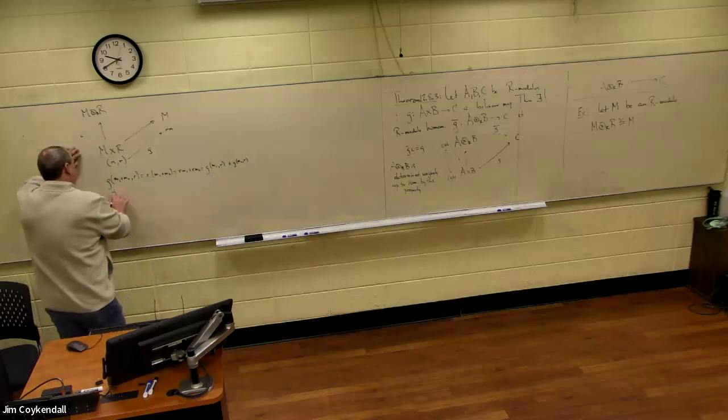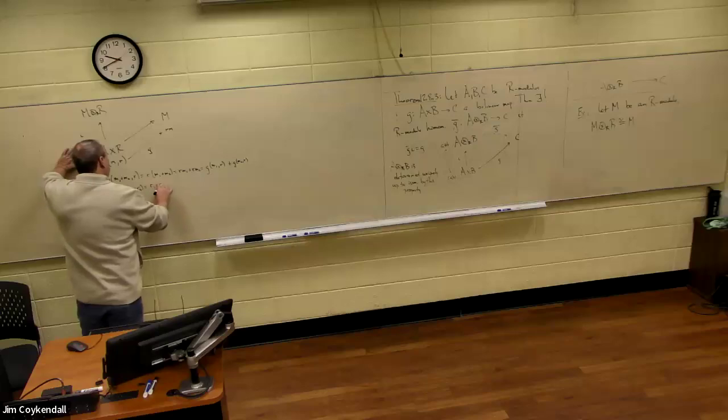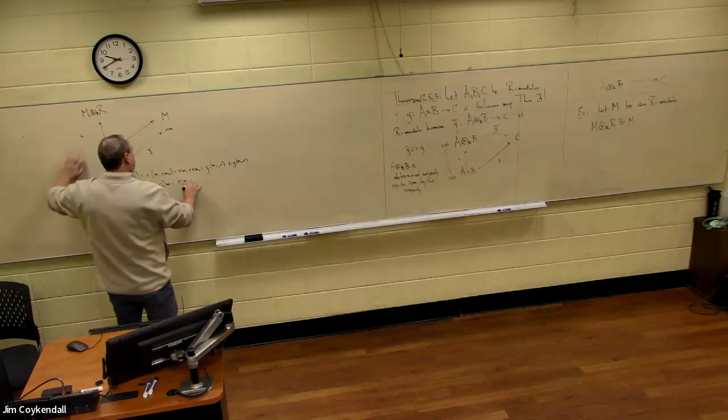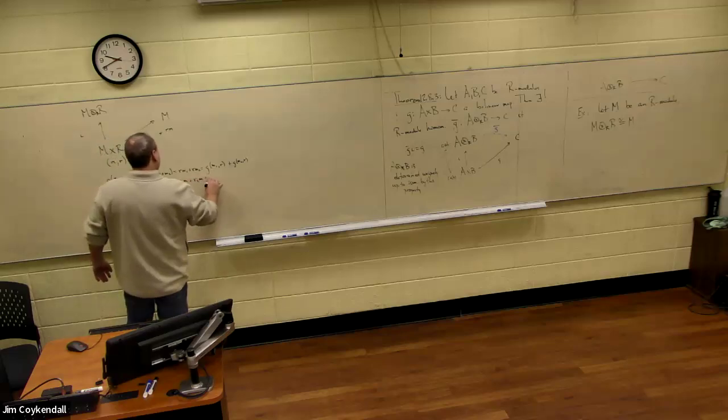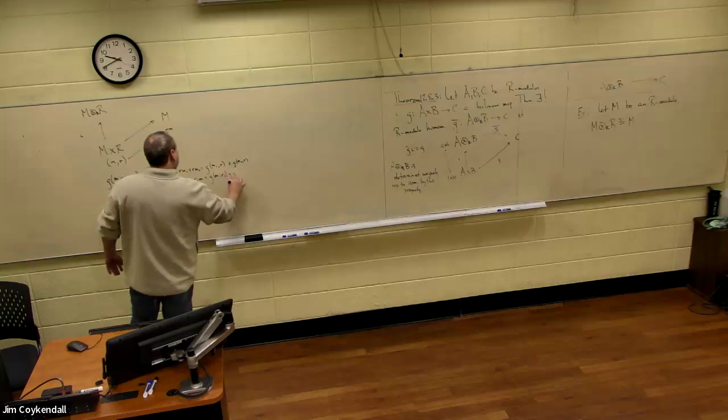Right. G of (M, R1 plus R2) is (R1 plus R2) M, which is R1 M plus R2 M, which is G(M, R1) plus G(M, R2).